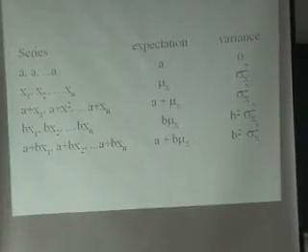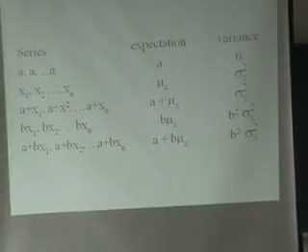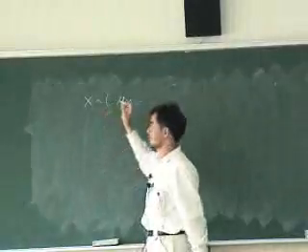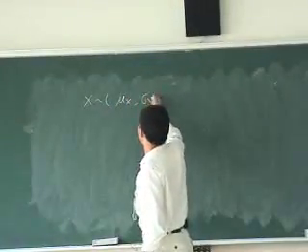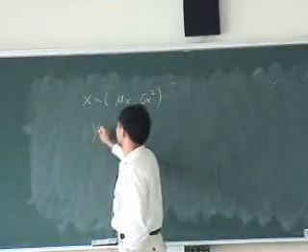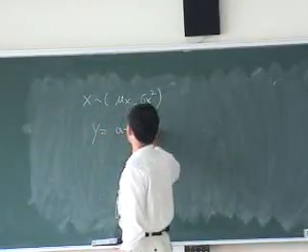Okay, so basically what you get is something like this. So if you have X, the mean is mu x, variance sigma x squared, and you have Y is equal to a plus bX.